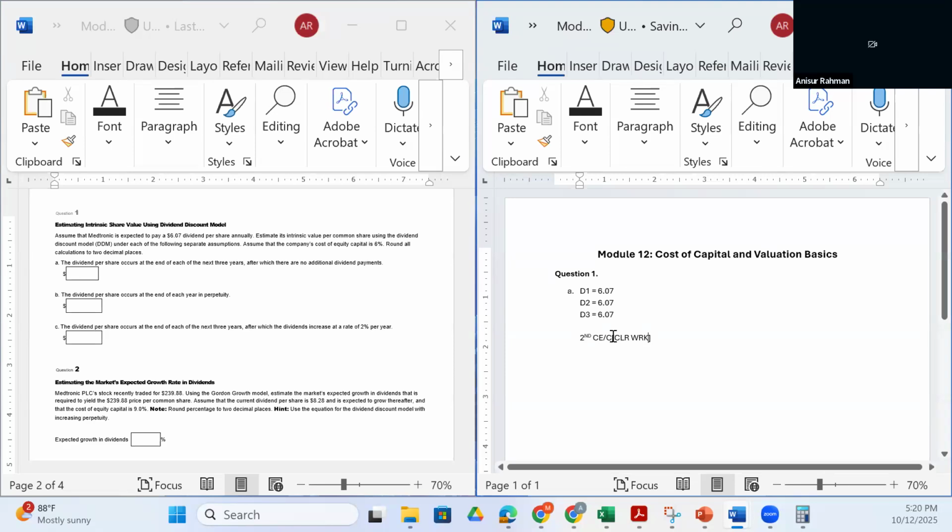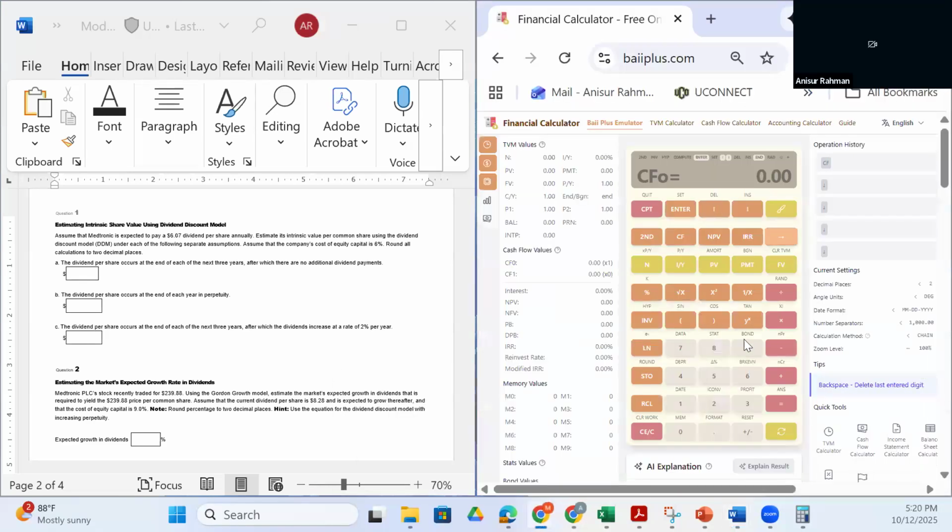What I have noticed, though, is that in this online version of the calculator, clear work doesn't work. But in your physical calculator, it will work. So we have no problems for now because we don't have any existing values.